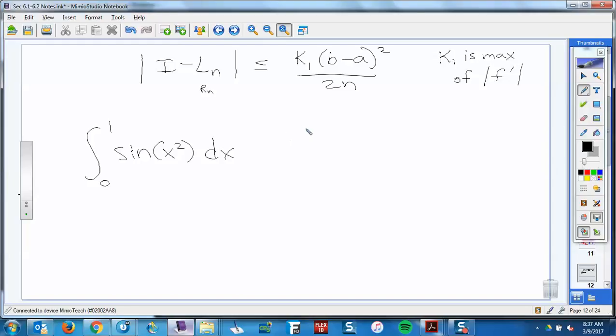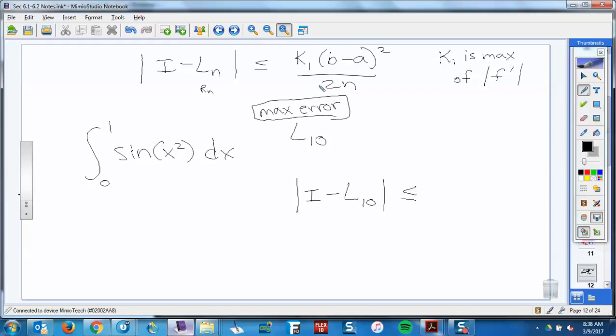Okay? So let's find it for an L10. So let's find the max error for 10 left rectangles for this function right here. Okay? So what are we going to do? We're going to say, okay, I minus L10 is less than or equal to, and now we're going to use this formula.